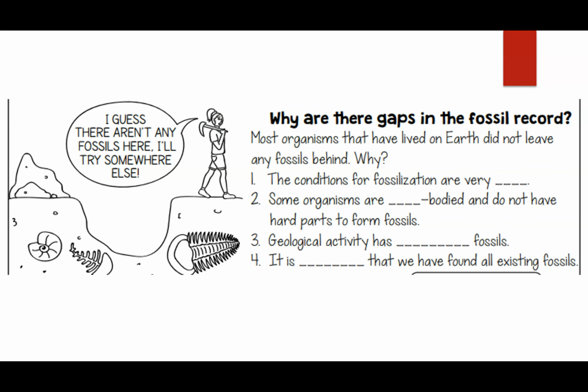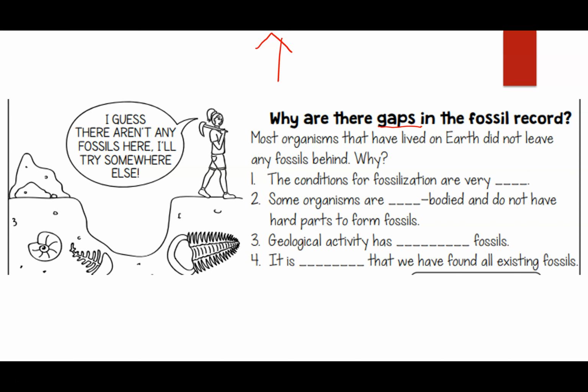So big question. Why are there gaps in the fossil record? Okay. We talked about this a little bit last Thursday when I was showing you my geologic timescale up there above the board, right up there above. Okay. So I said that we don't have records of every single living thing that lived.